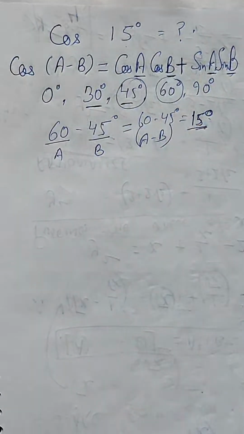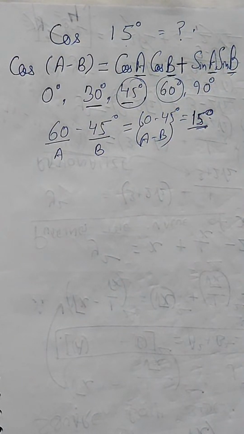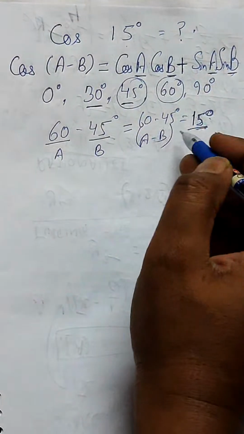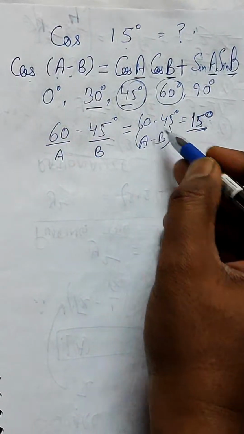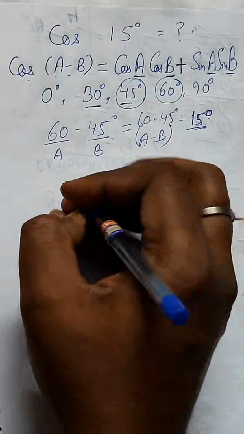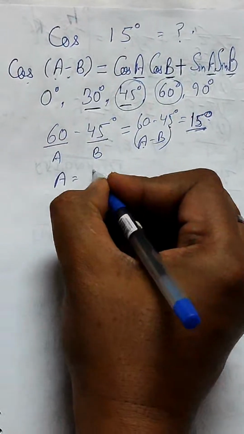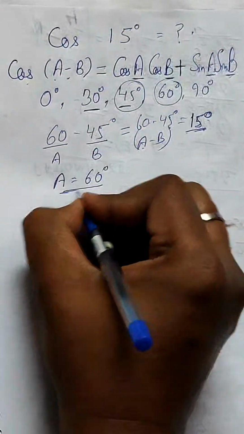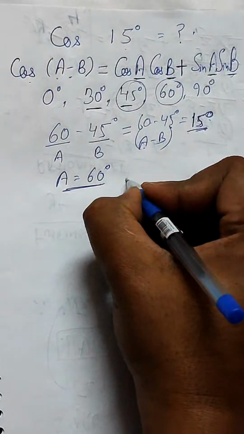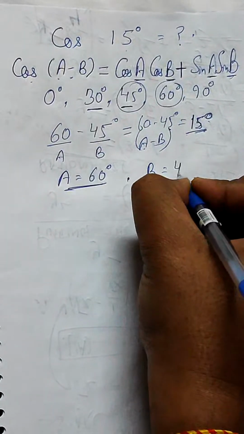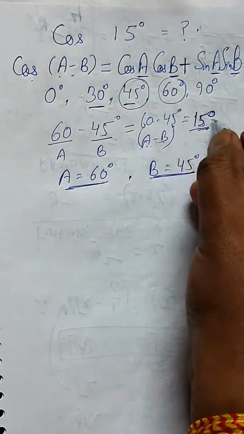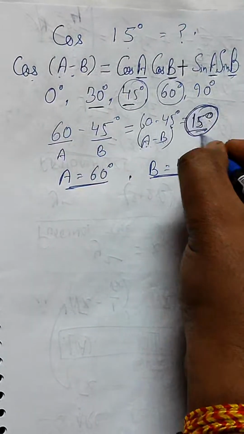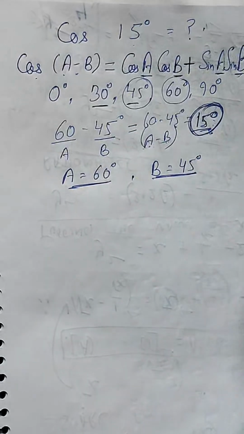Now, for the calculation of cos(A minus B), keeping A as 60 degree and B as 45 degree, A minus B will be coming as 15 degree, right?